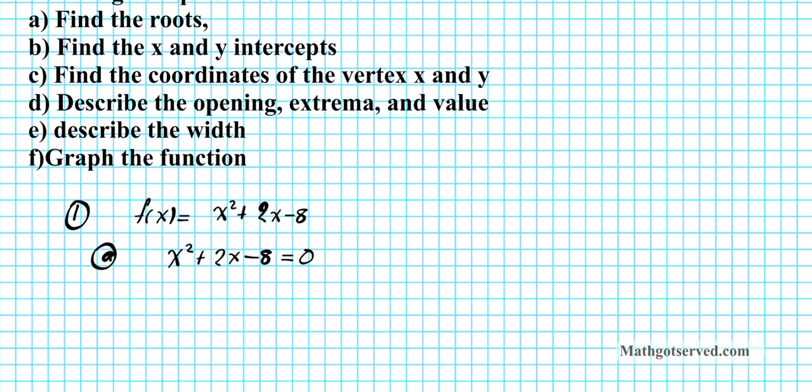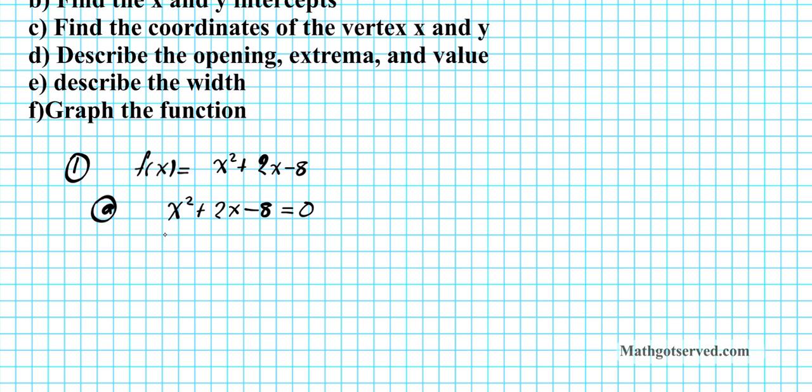Let's break it down and see if there are any factors first. Okay, so if we break this down into x times x plus 2 times x minus, if you break down 8, you have 2 times 2 times 2. Nothing comes out, so let's reassemble it. x squared plus 2x minus 8 equals 0.